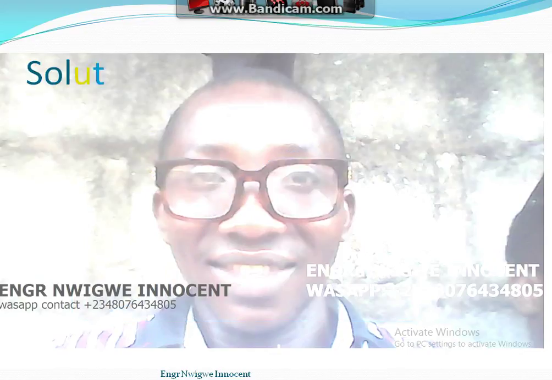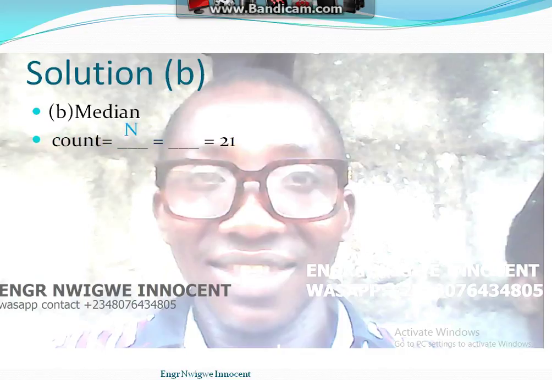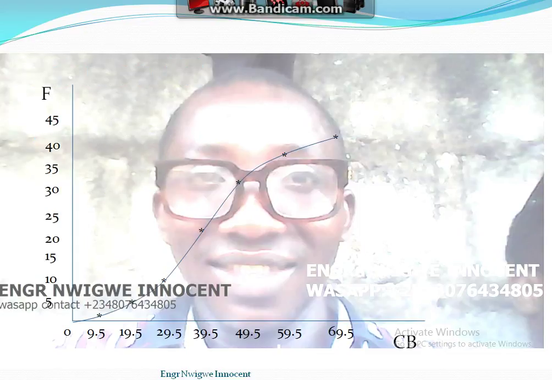Solution: median equals to count equals to the number of frequency over 2, which gives us 42 over 2. This will give us 21. Then we go to the graph where we have 21.